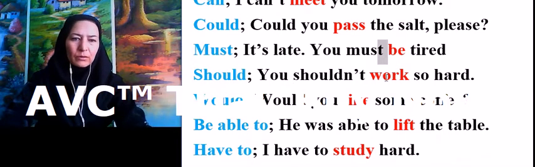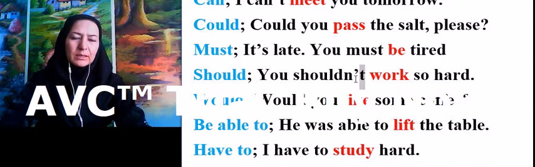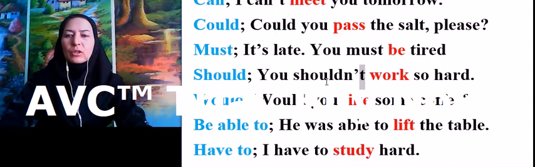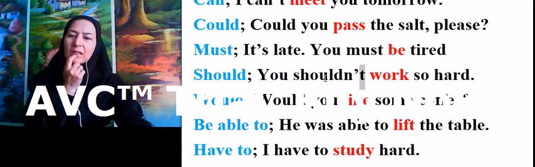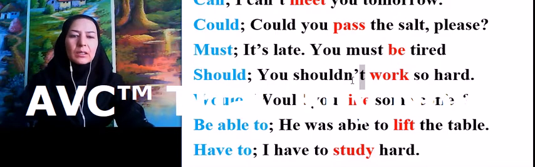After should again, we use base form of the verb. You shouldn't, as you see. Whenever we pronounce not at the end of should and some other verbs, we pronounce them something like you shouldn't, you shouldn't. If our tongue is between our teeth, this is the right form of pronunciation.